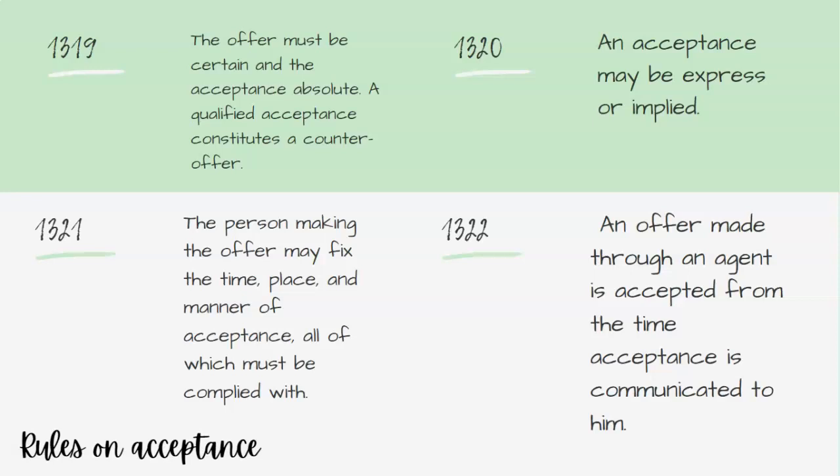Thus, acceptance may be shown by the acts, conduct, or words of a party recognizing the existence of a contract. But if the parties intended that there should be an express acceptance, the contract will be perfected only upon knowledge by the offeror of the express acceptance by the offeree of the offer.